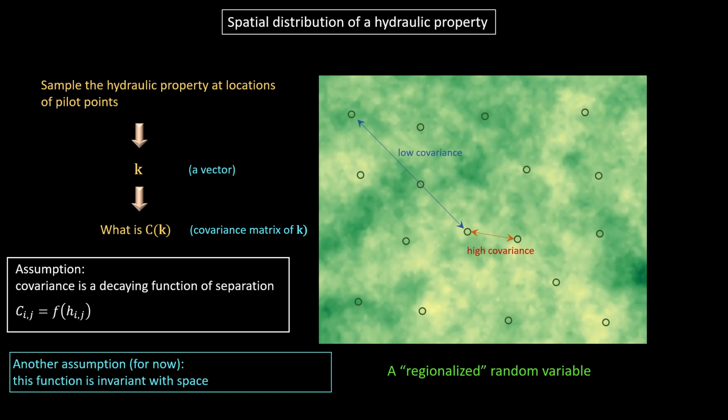The second assumption is what we call stationarity. Now we'll make this assumption now and we'll vary it later. We assume that this function that describes the decay of covariance with distance is the same function here as here as here. That is, it applies throughout the model domain.